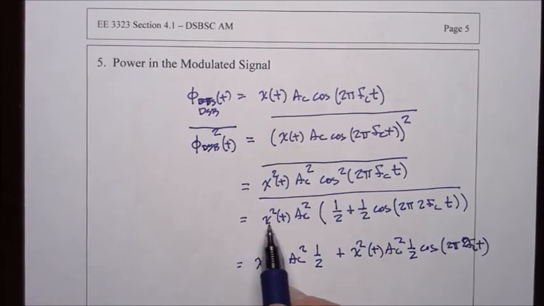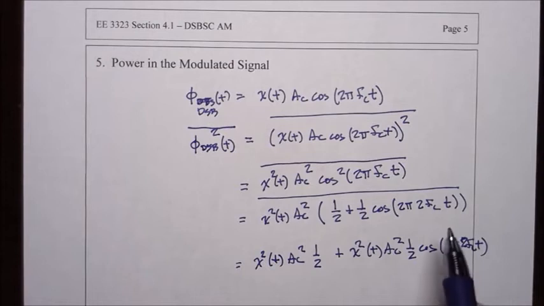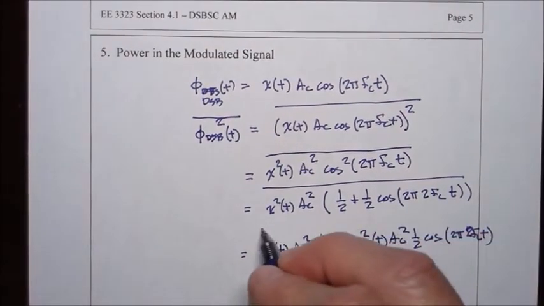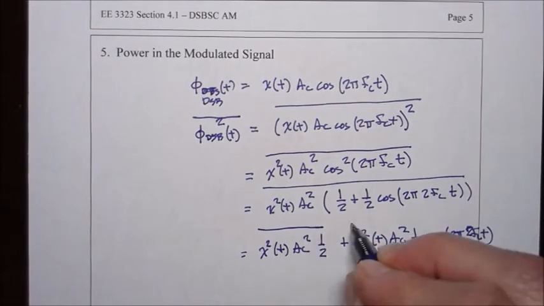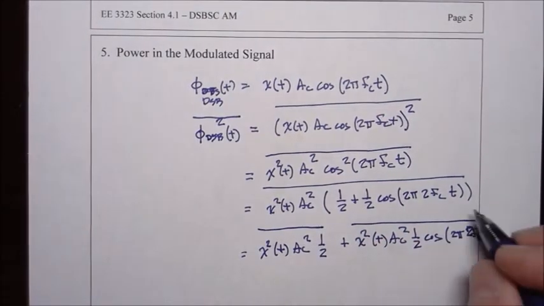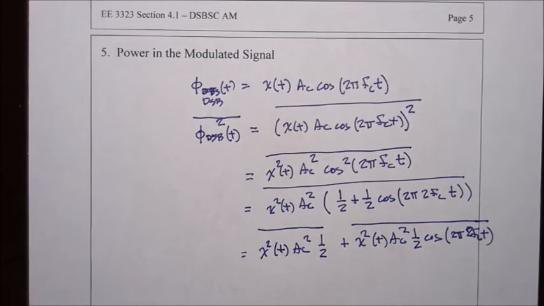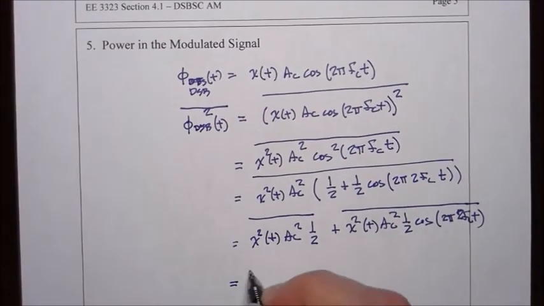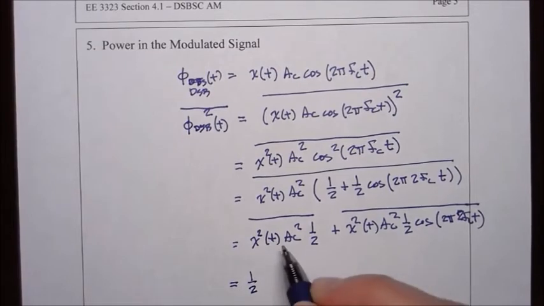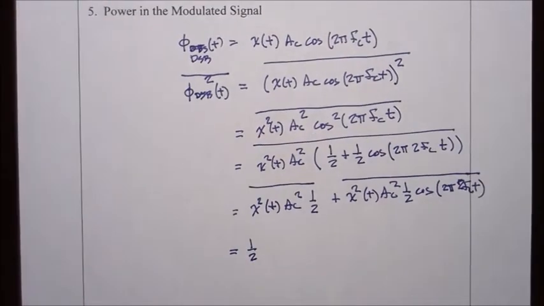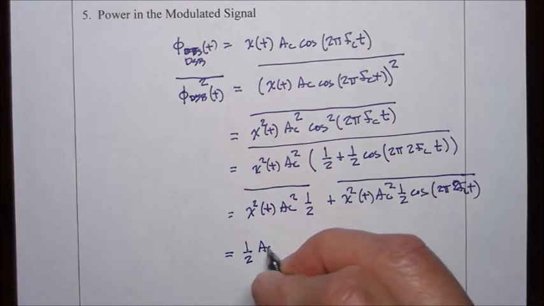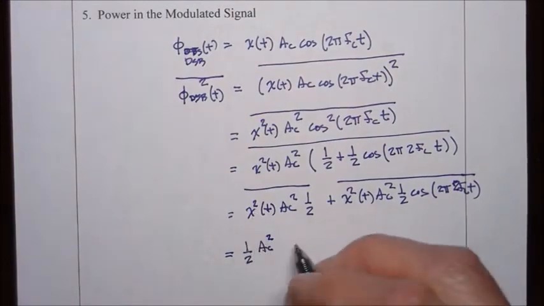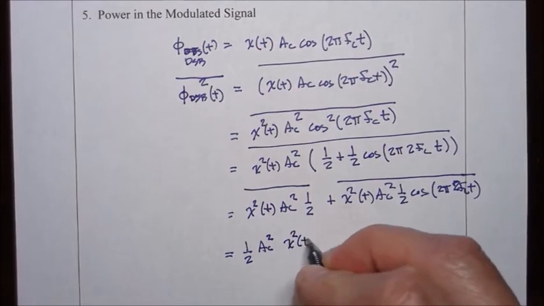We're taking the time average of this sum of two terms, and we can find that by taking the time average of these two terms separately and then adding them together. So for the first term, 1/2 is a constant, AC is a constant, so AC squared is a constant, and now we have the time average of x squared of t.